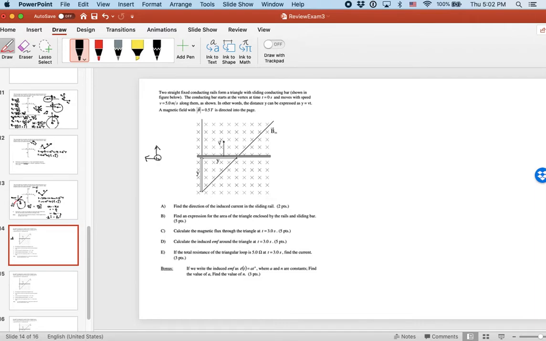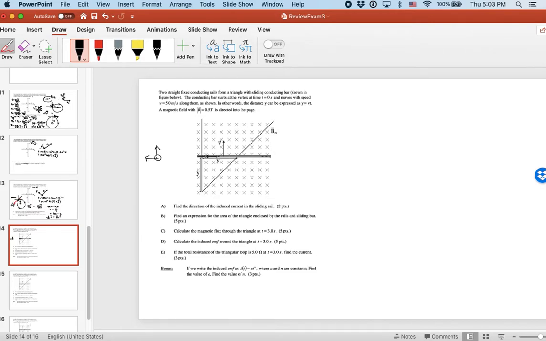So what that means is all the positive charges are going to want to move to this side. So all the positive charges in here are going to move to this side of the rod, and they're going to be stuck here. So there's going to be a whole buildup of positive charges here and a buildup of negative charges here. And so that creates a current. If I have a separation of charge, I have a voltage difference.